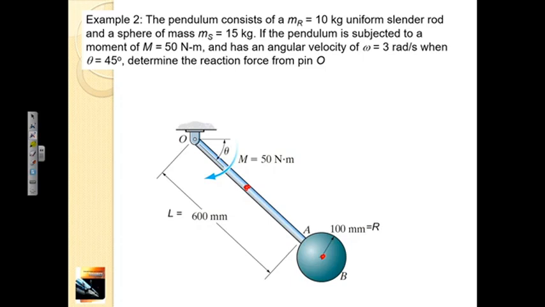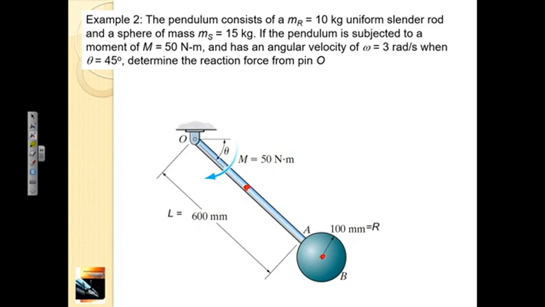All right, so let's actually crank through this example that uses this kind of idea. We've got a pendulum that consists of a 10 kilogram slender rod and a sphere of 15 kilograms. So the mass of the rod is 10 kg. The mass of the sphere is 15.